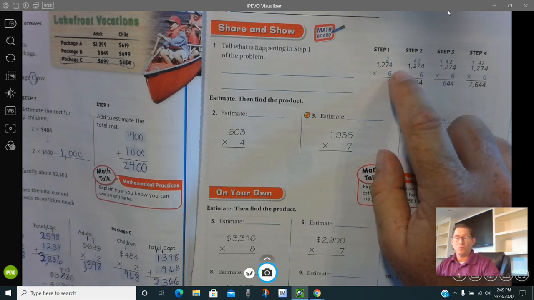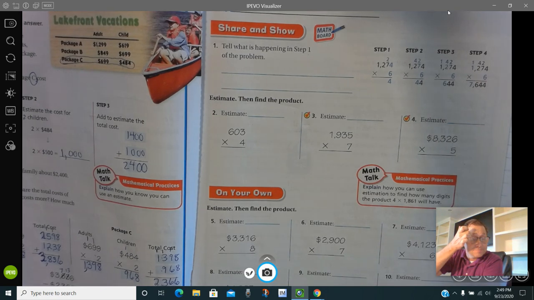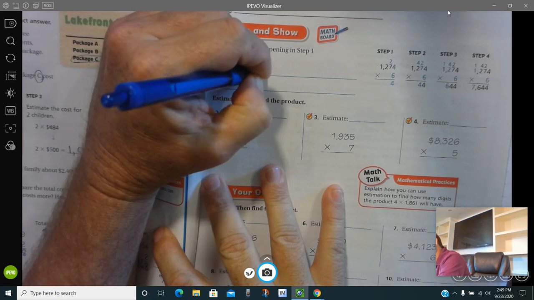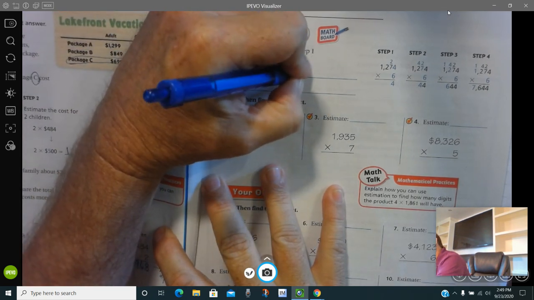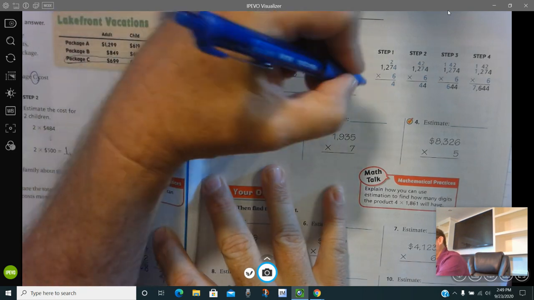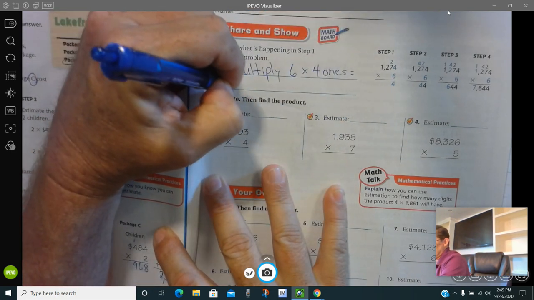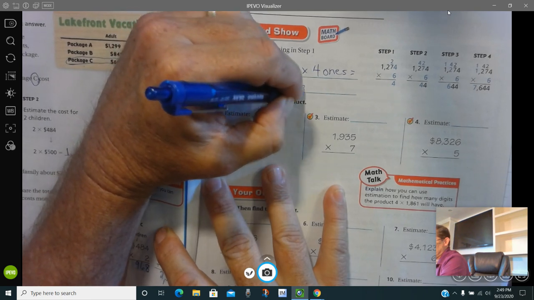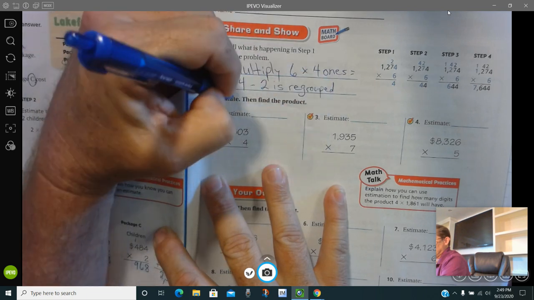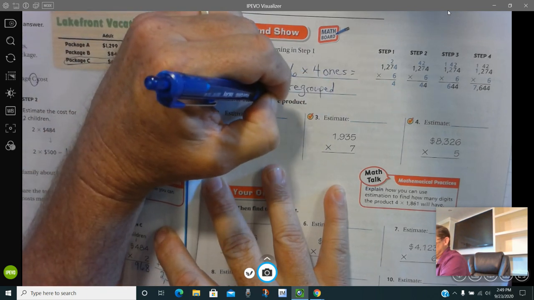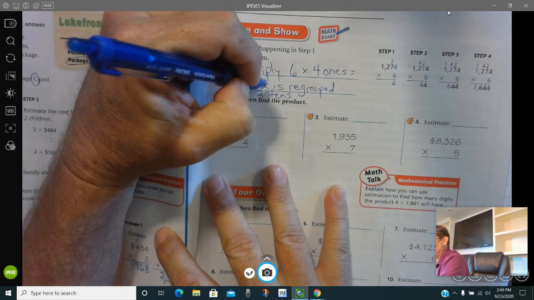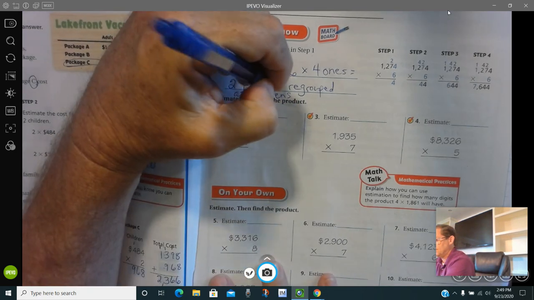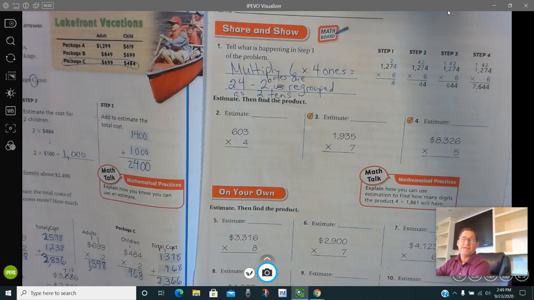Aren't we multiplying the ones? Twenty ones are regrouped as 2 tens.